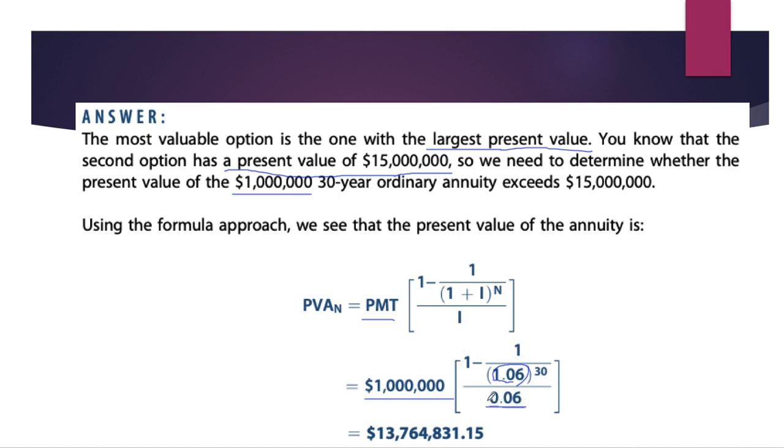If we do this calculation, you can use a calculator, that gives us 13.76, something around $13.7 million, which is smaller than this $15 million in terms of present value. So choosing the immediate payment of $15 million is more valuable based on these assumptions, given the interest rate. So we will stop here with this example, and thank you for watching.